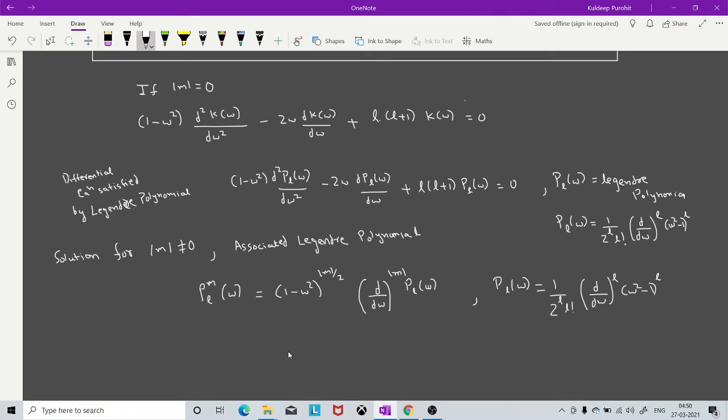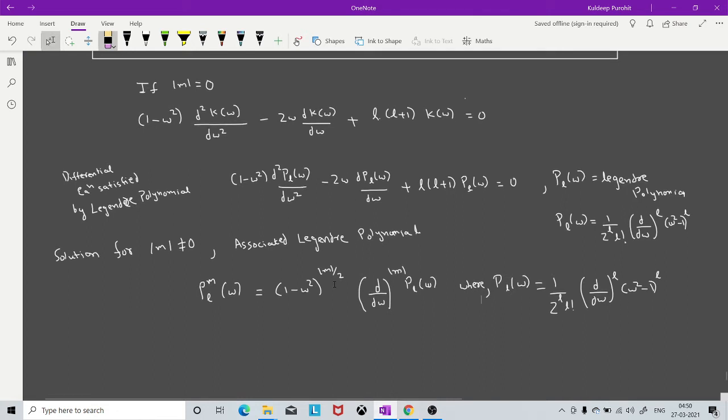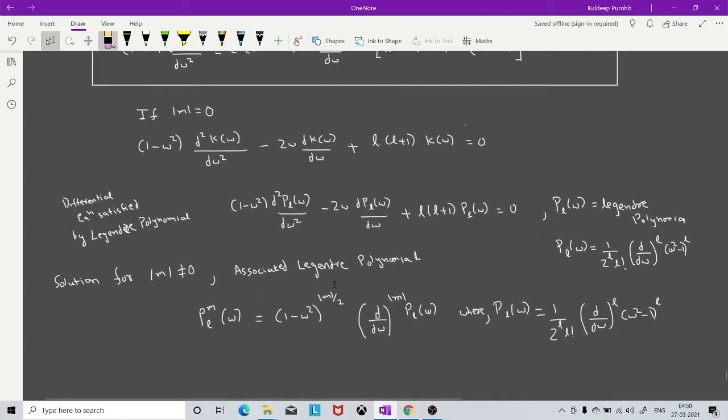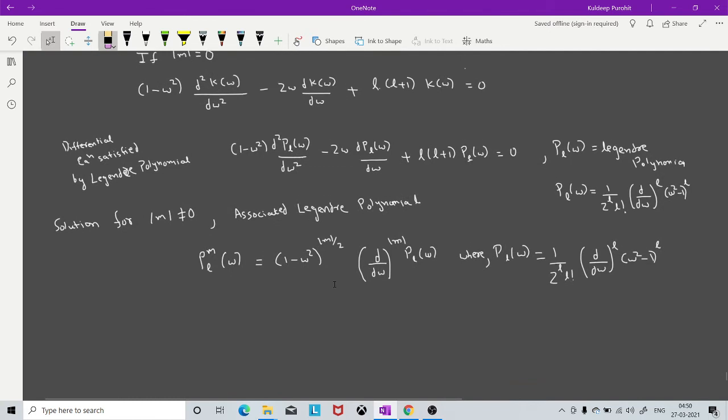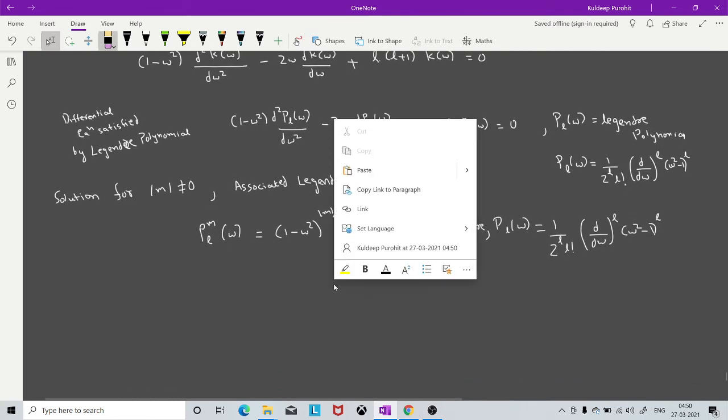So these are the solutions when the value of m is not equal to 0.